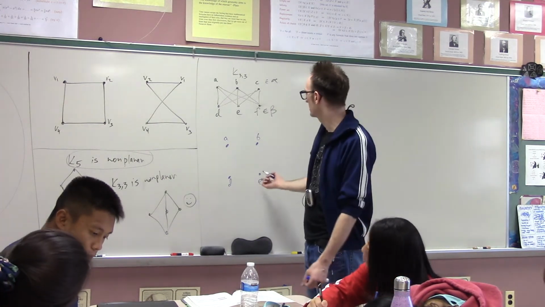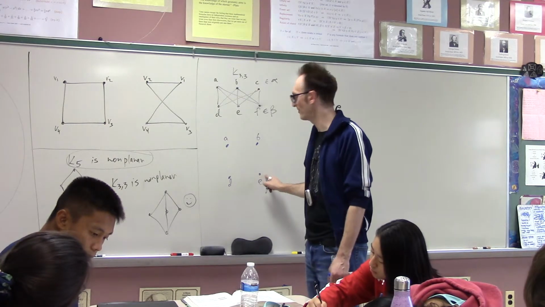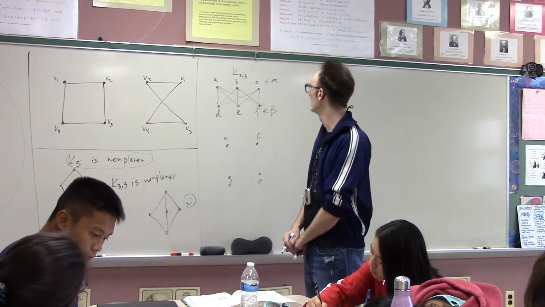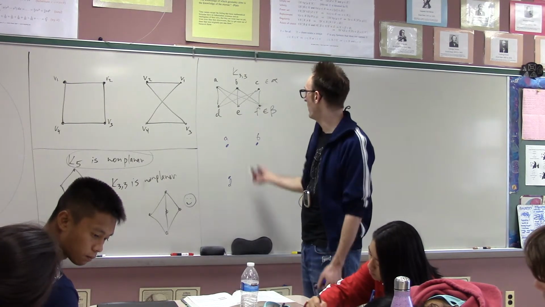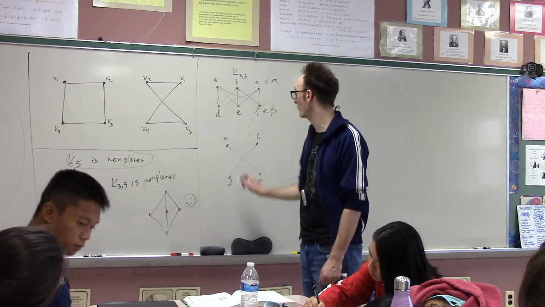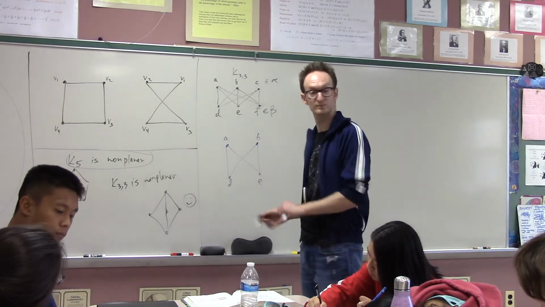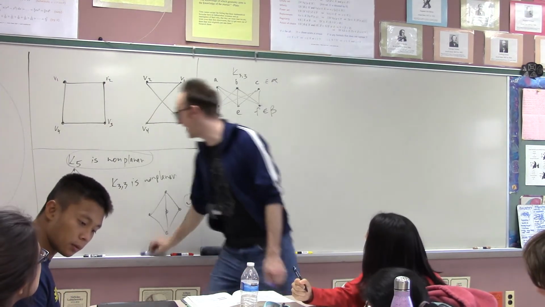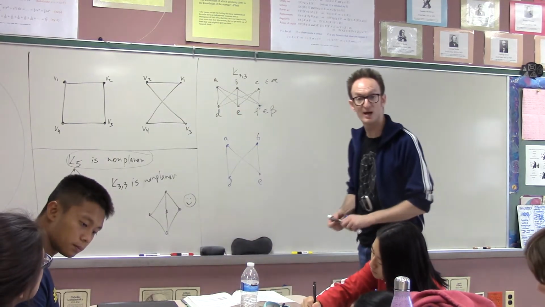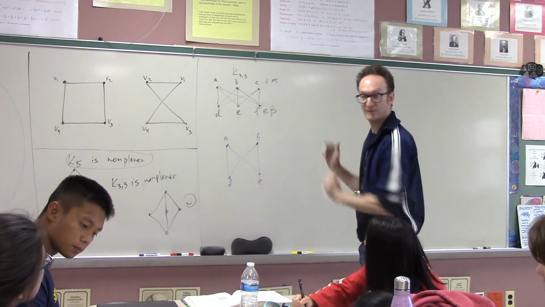Well, the sort of dumb way would be to draw it like this, because this is already not planar. But is there a good way to draw these? Yeah, there is, with it flipped.